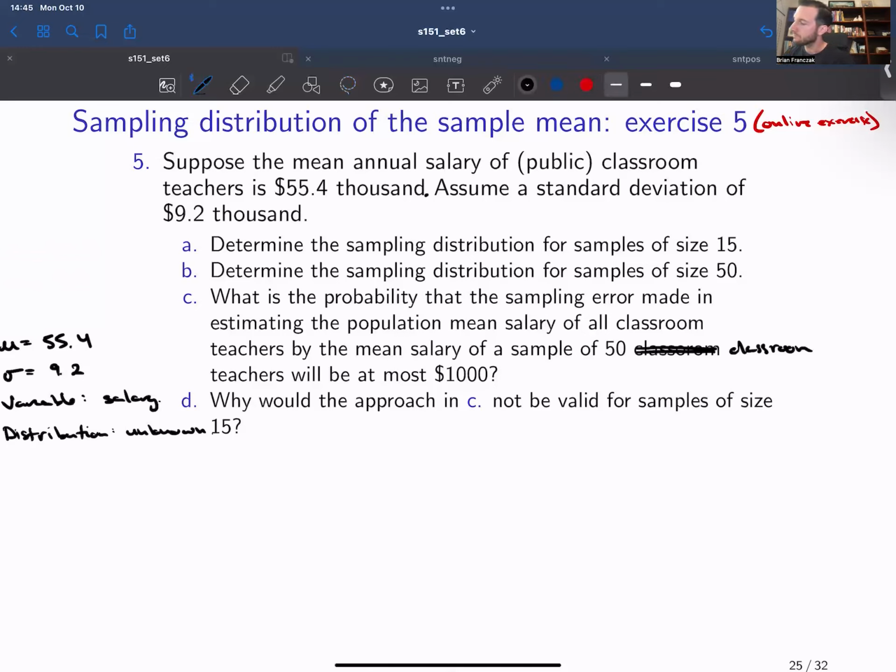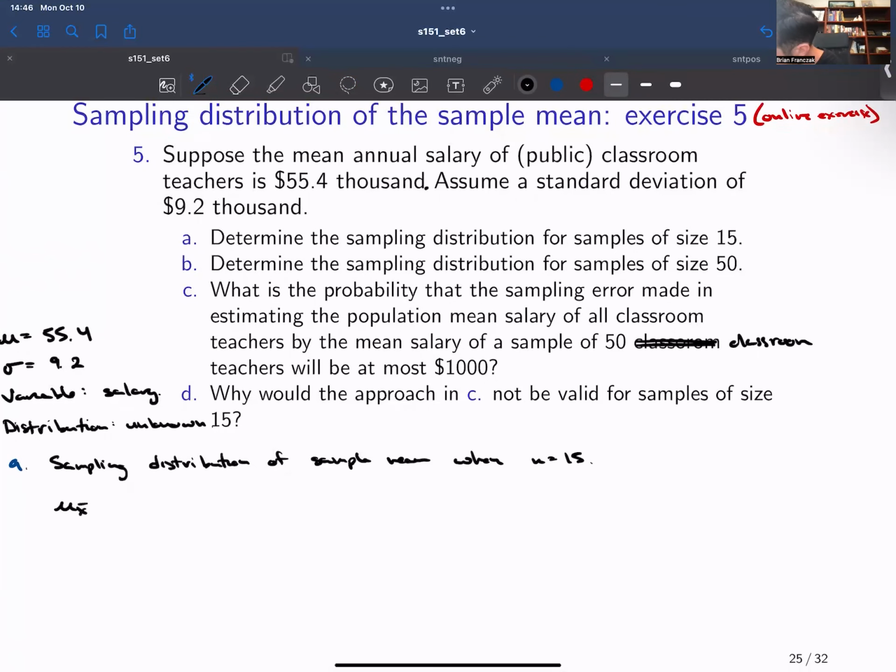So in part A, it asks for us to determine the sampling distribution for samples of size 15. Okay, so we want the sampling distribution of the sample mean when n equals 15. There's a few things that we can write down.